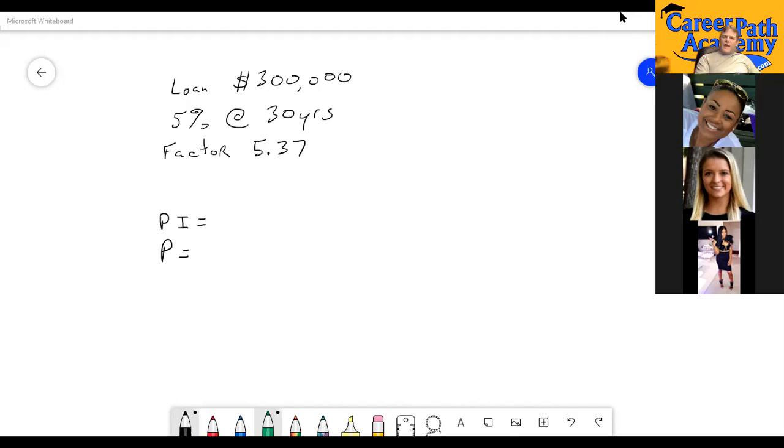The way you figure out the monthly mortgage payment is you take the loan amount and you have the factor. But the factor is what? This is $5.37, right? What does that $5.37 symbolize? Principal and interest. It's your monthly mortgage payment for every $1,000 you borrow.